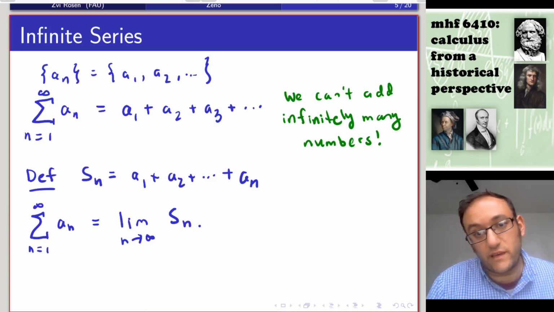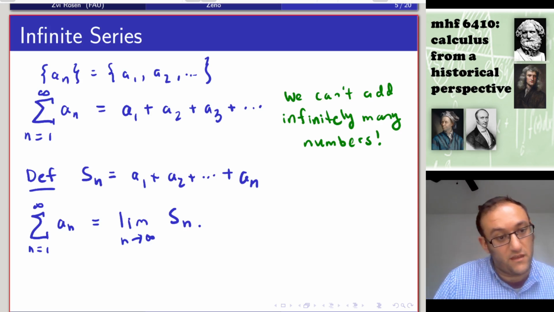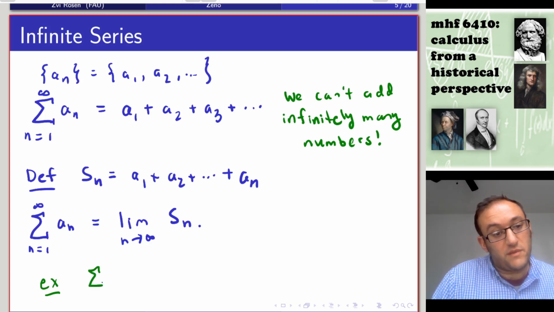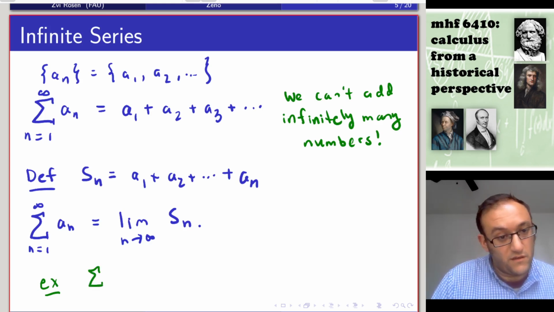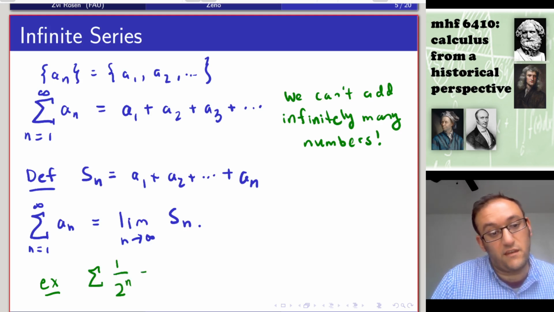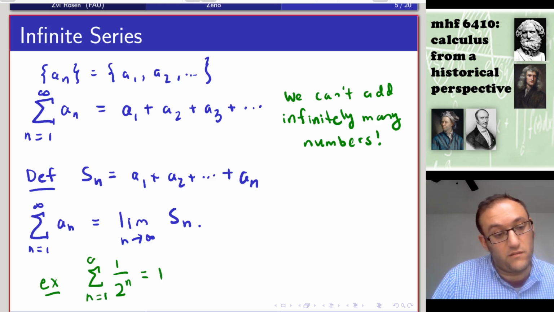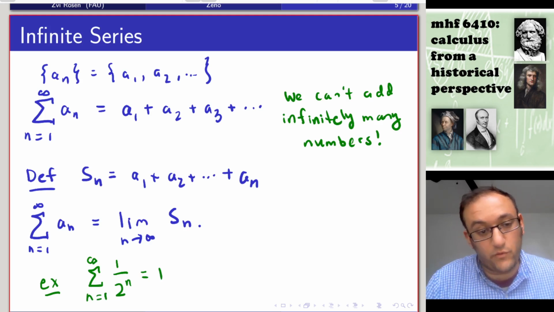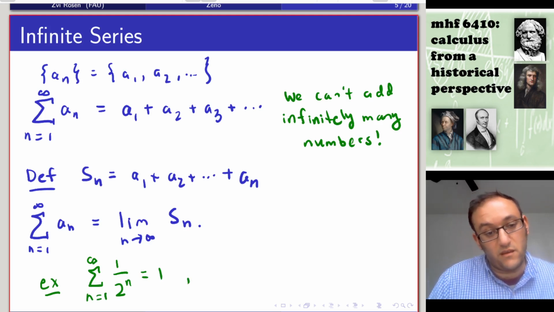And just a quick couple of examples of that. The sum of 1 over 2 to the n is known to be 1. Okay, and there's various ways to derive that.